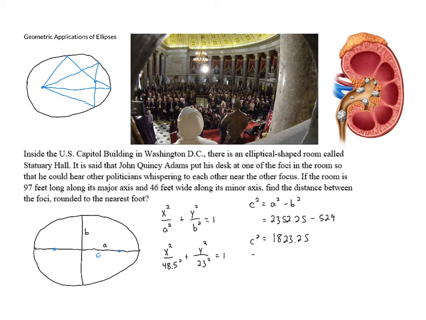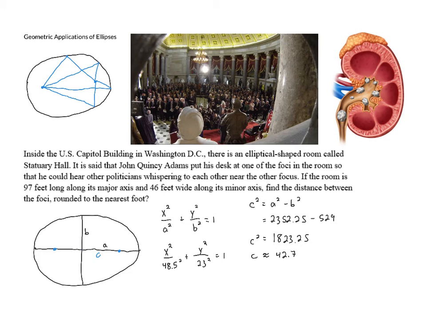To find the value of c, we take the square root of this, and we get approximately 42.7. But what we wanted is 2c, because this is the distance c, and the total distance between them is twice that much.